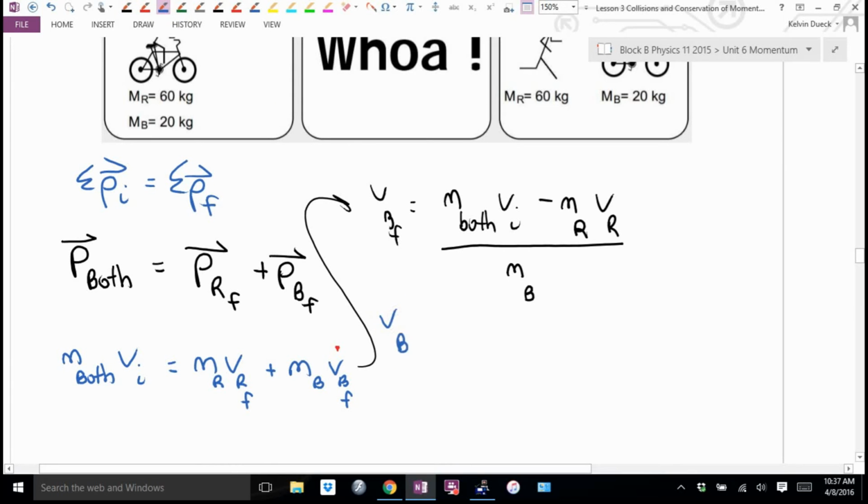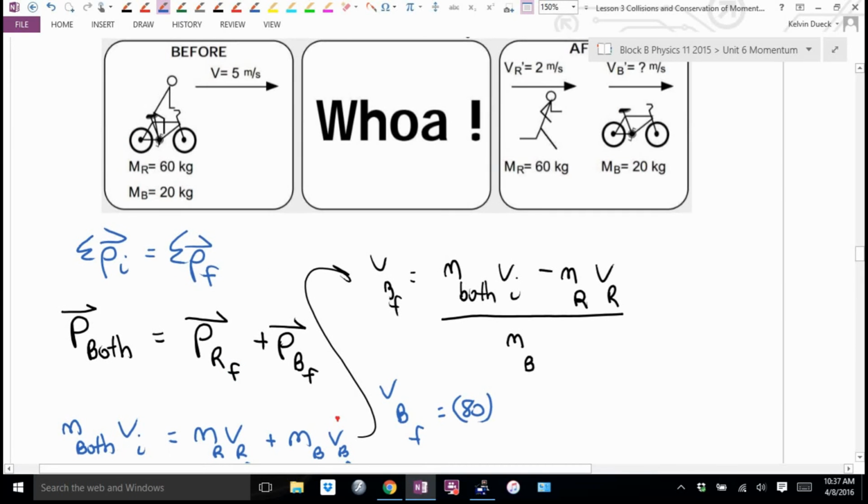Here we go, Braden, my man, I hope. Mass of both, 80. V initial, I've scrolled down, 5. Minus mass of the rider, 60. Final velocity of the rider, -2 or +2? Are you positive? Okay.